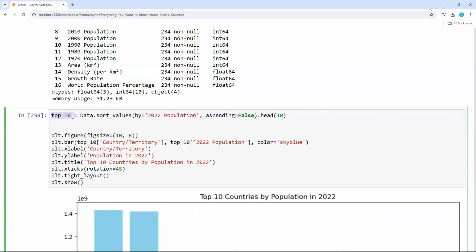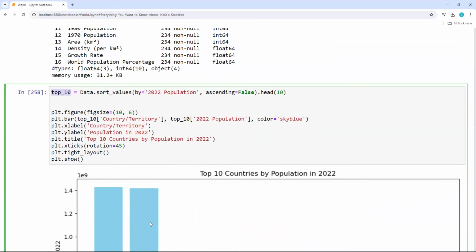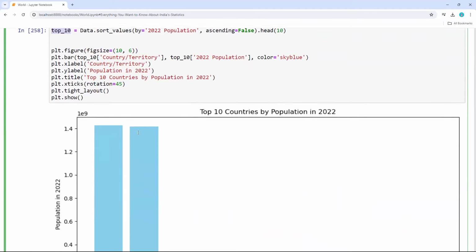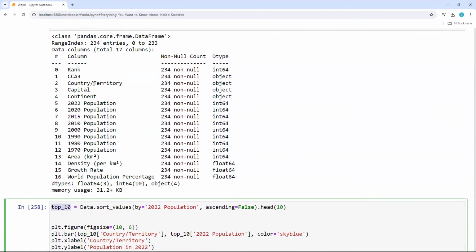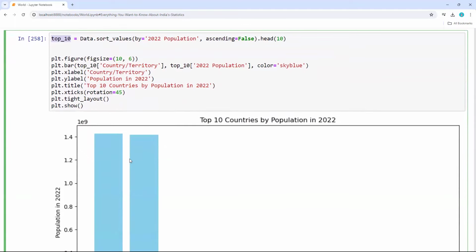Here I have sorted the data for the top 10 countries, and this is my data. And I wanted the color sky blue, so that is why I passed sky blue. That is the reason the bars are coming in sky blue color. For the X label I wanted country or territory, because only the country name is in the country or territory column. And the Y label is population in 2022.